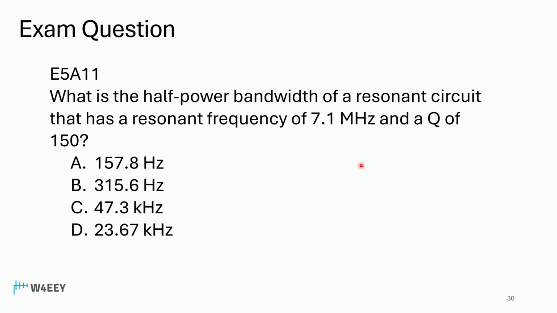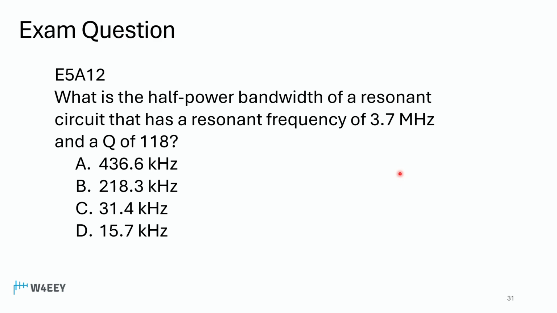All right, this is the one that we just did, half power bandwidth, 7.1 megahertz and a Q of 150. Charlie, right. Oh, okay, this one we didn't do, but I was right. There are two pool questions, actually.